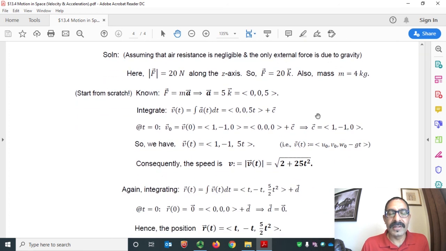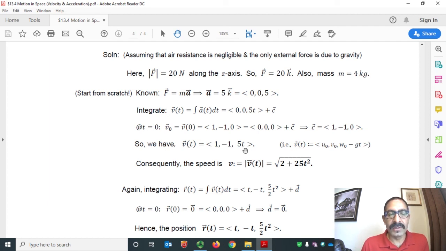Now let's integrate the acceleration. It gives us velocity. Then to find the value of c, evaluate at t equals 0. This gives us c equals the vector 1, -1, 0. Substitute back the c value here. Then it gives us the velocity v equals the vector with components 1, -1, 5t.